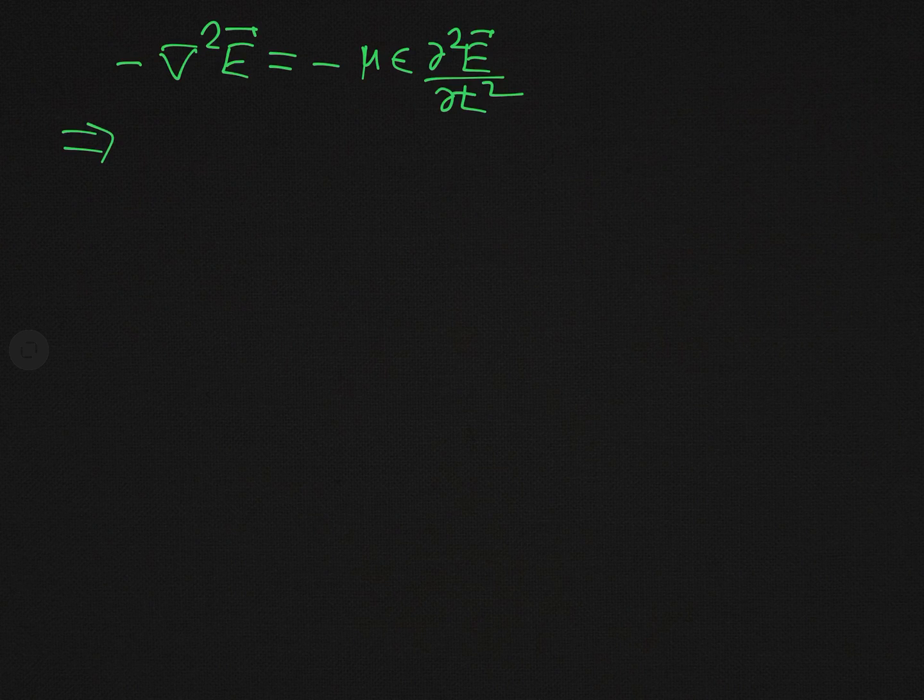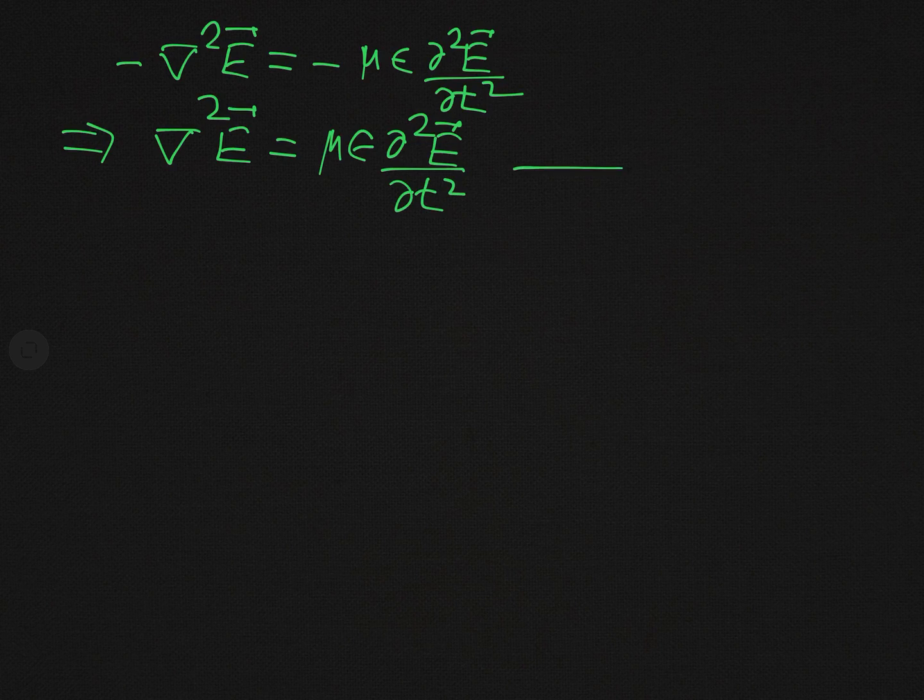You can omit the negative sign on both sides, so the final result will be del square E equal to mu into epsilon del 2E by del T square. Let us say this is equation A.